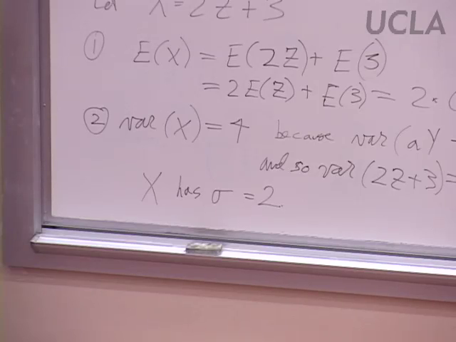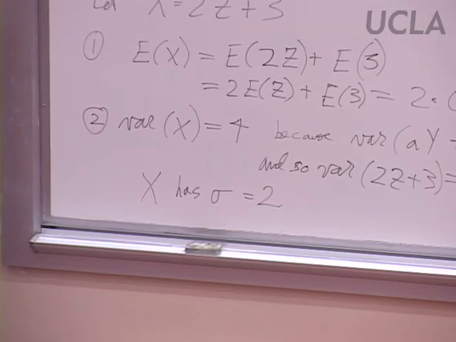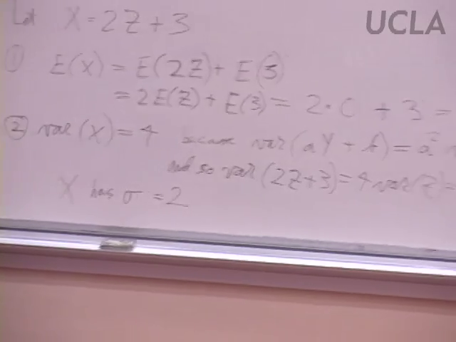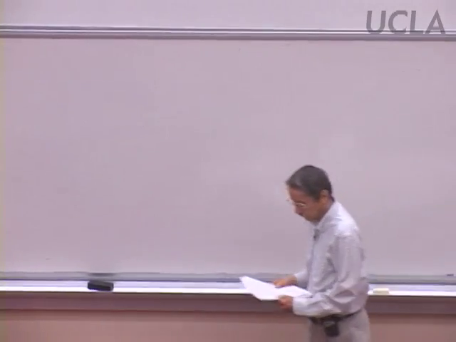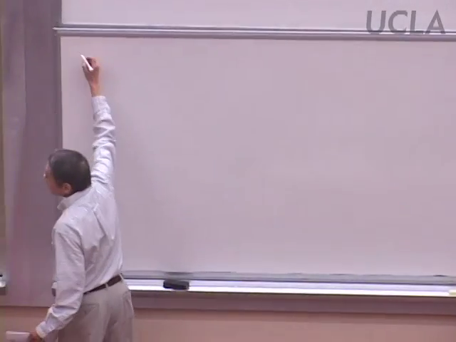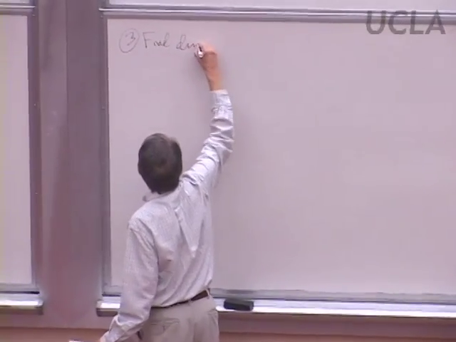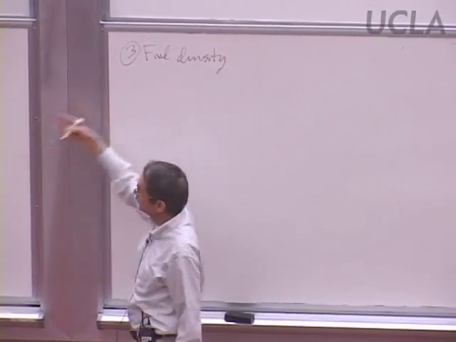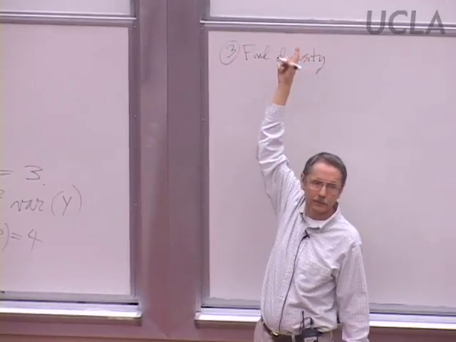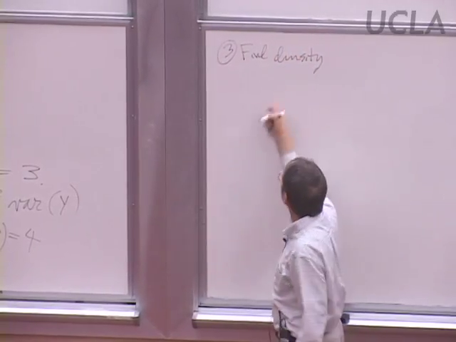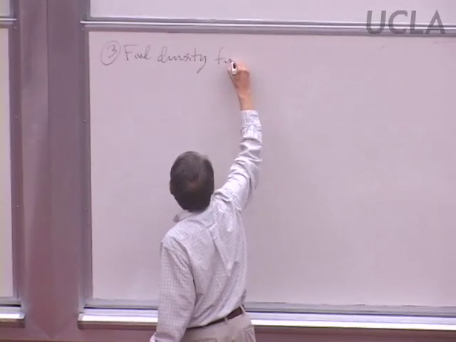Okay, the third one is a little more work. We want the density function for x. We know the density function for z, right? It's right up there on the board. What we want is the density function for x.